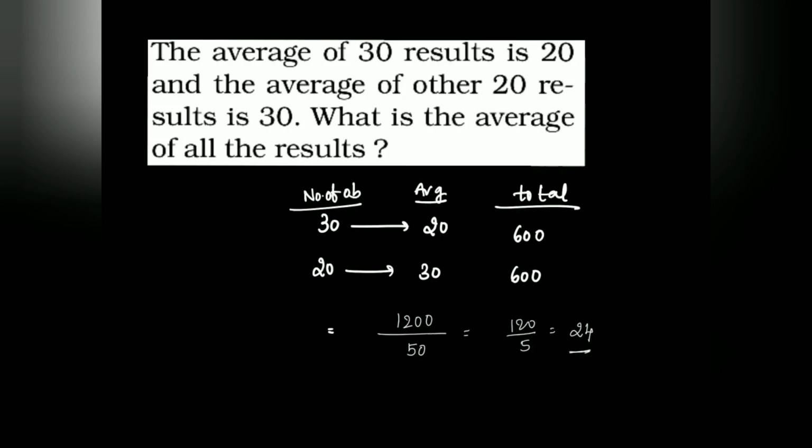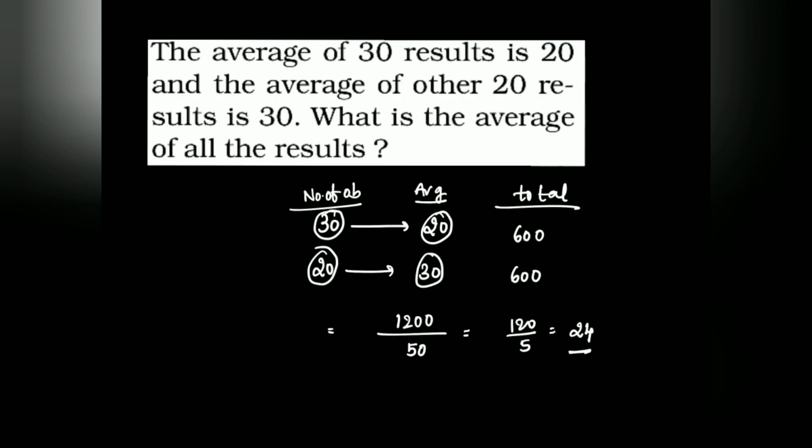Now look here. They have given two groups. In the first group there are 30 members, in the second group there are 20 members, and their averages are also given, 20 and 30. If you combine the two groups, the total average is the sum of observations by the total number of observations, which is 1200 by 50, which is 120 by 5, 24.